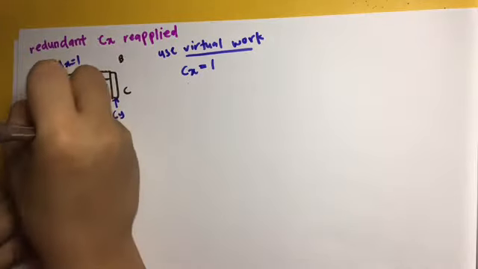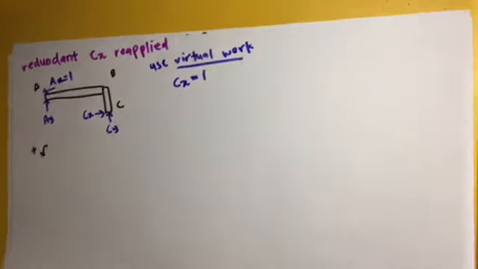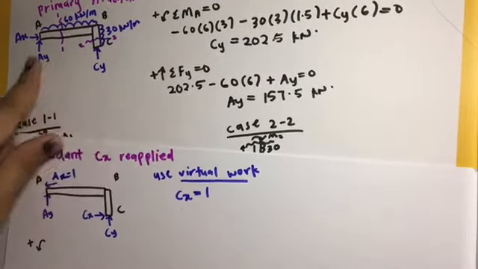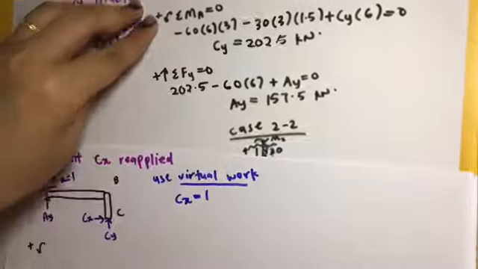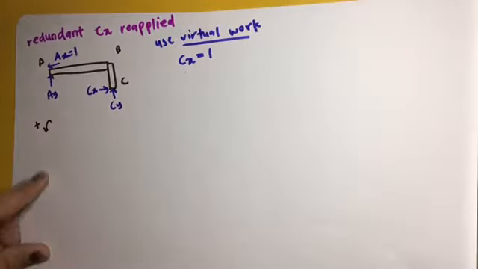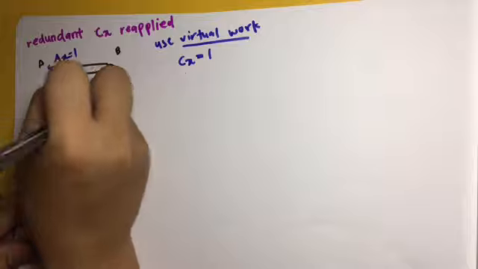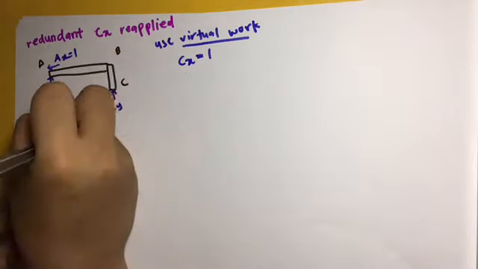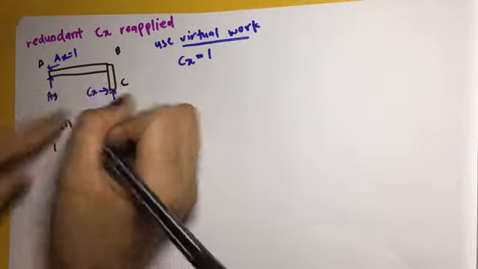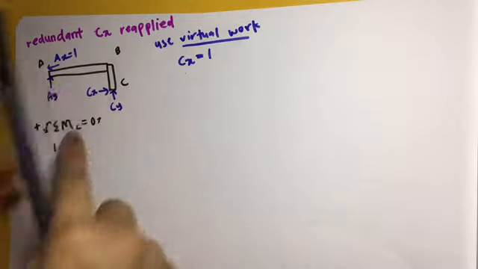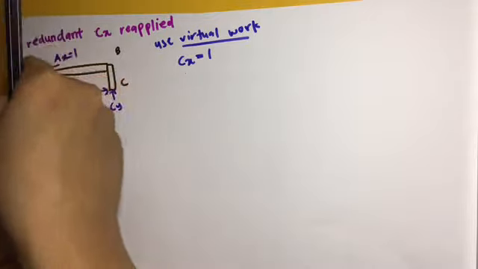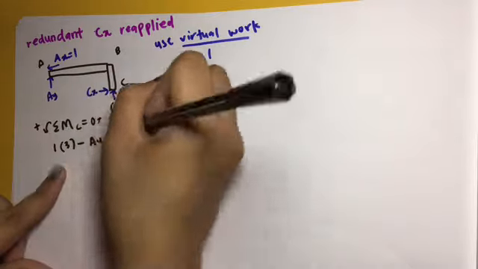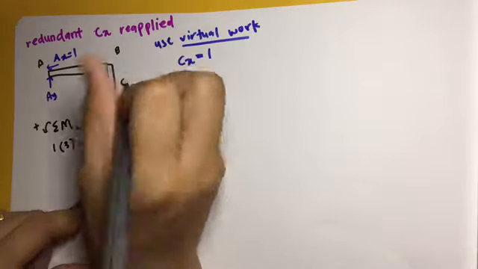So to find that, we do the exact same thing as we do here to find the CY and the AY, but for this one. Same thing, we just do total moments at C equals to 0, and then we got here, right, for the AX, and then minus AY 6 equals to 0.